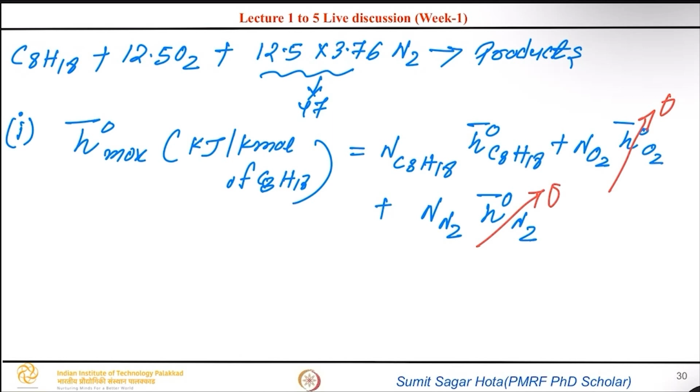Now, what is this H naught? This value is calculated from the table in appendix B.2. Okay, I write down everything, don't worry.